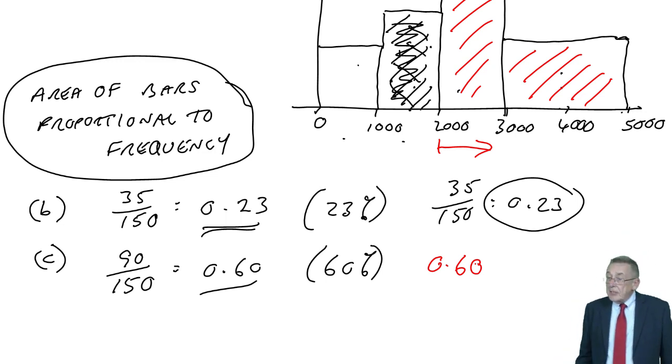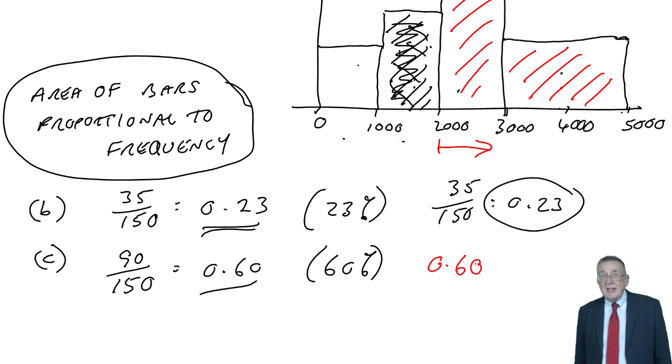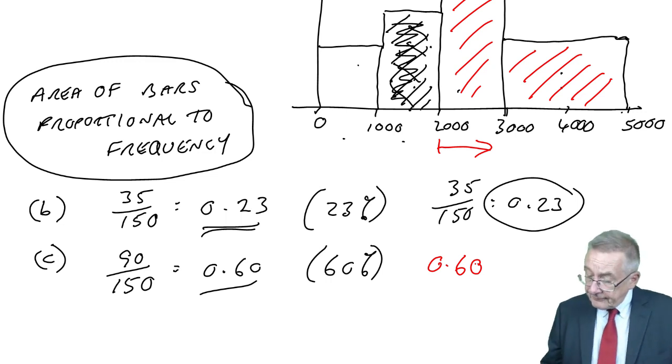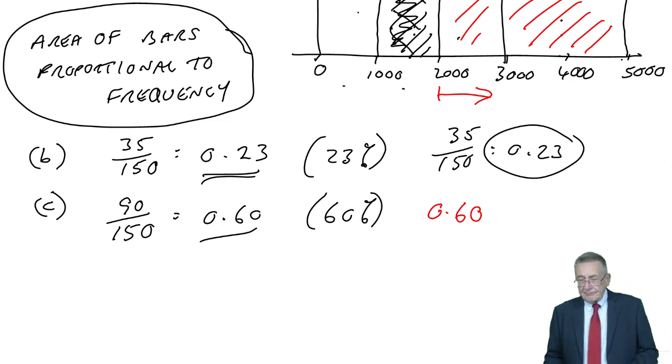Now then, as I've said, you won't actually be asked to do that. So you won't be drawing a histogram and you won't be measuring the areas. But the reason that's so important is that it would apply to any histogram.